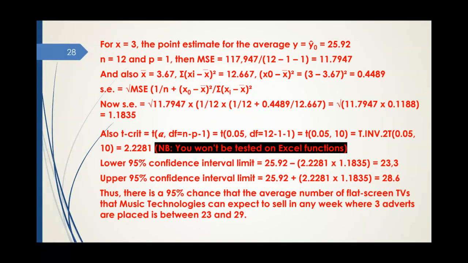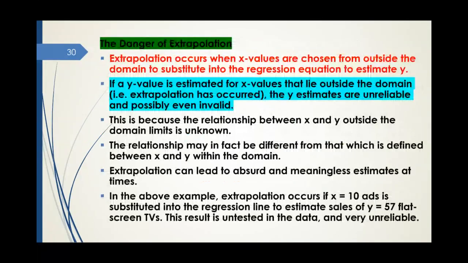Sometimes when making an estimation, we might say, let's use 20 adverts. That 20 adverts was not in the data. Since it was not in the data, we call this extrapolation, because we're now estimating the Y variable, the dependent variable, without the independent variable actually being part of our data.